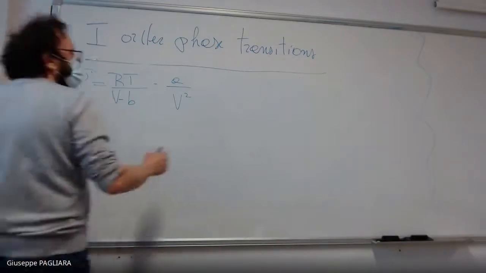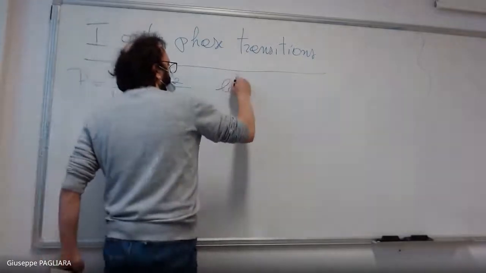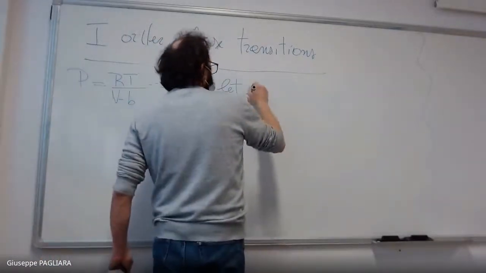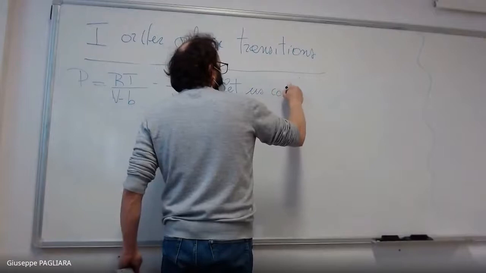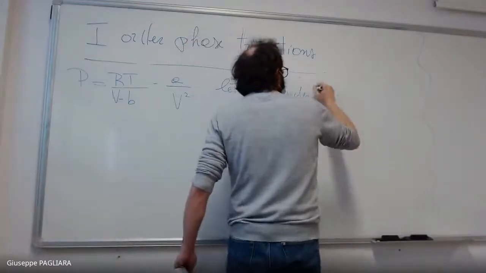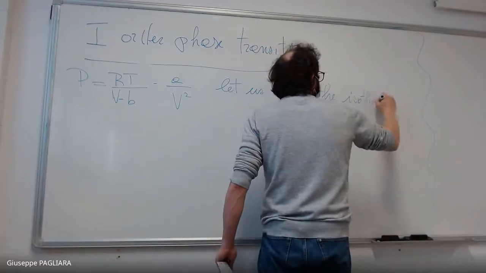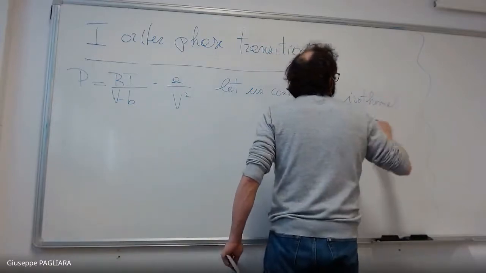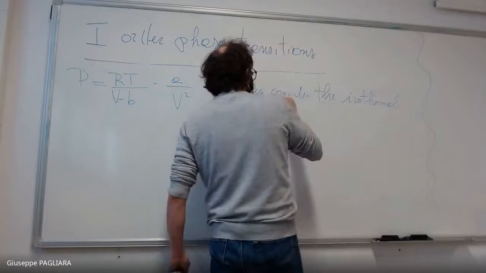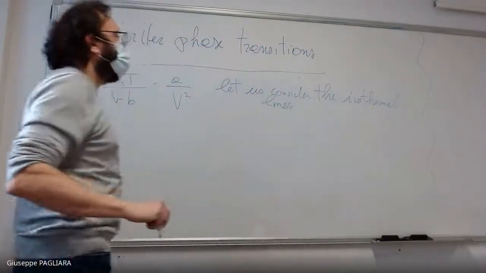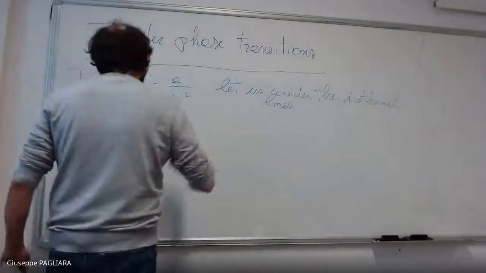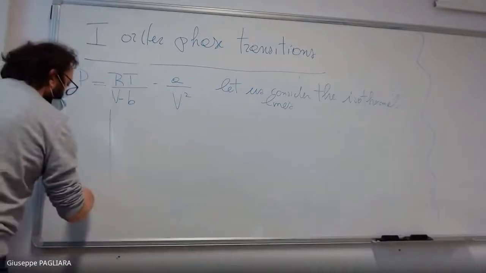Now we can draw the isotherms, or the isothermal lines, in the PV plane. Let's do it here.